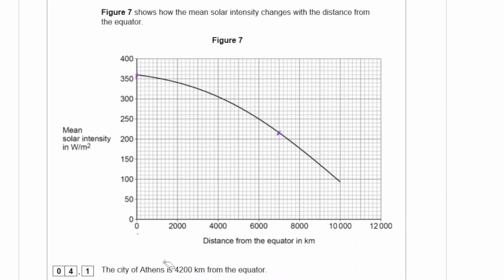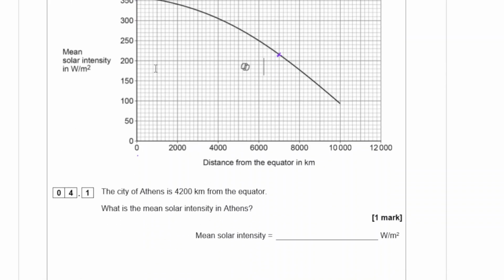Right, so let's have a look at the question. The city of Athens is 4,200 kilometers from the equator. What is the mean solar intensity in Athens? So from 0 to 2000, that's 10 boxes. So if I divide 2000 by 10, I would get 200.